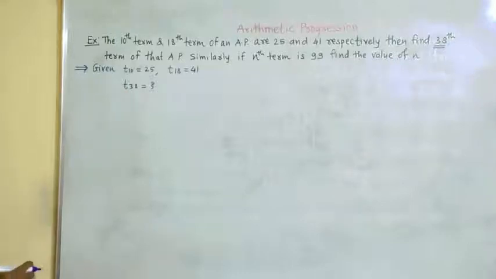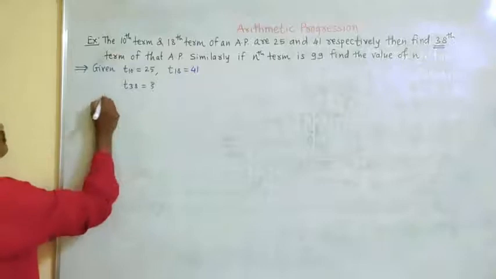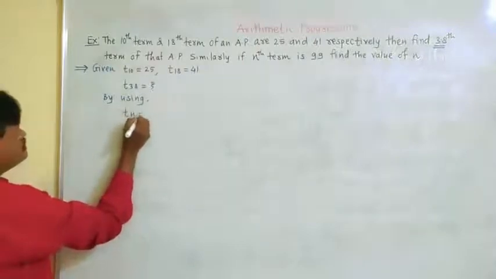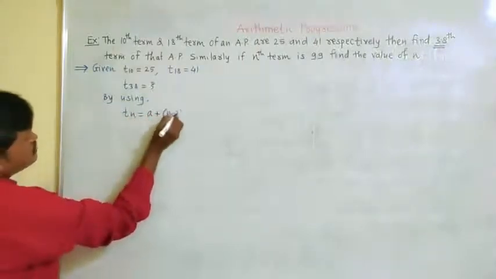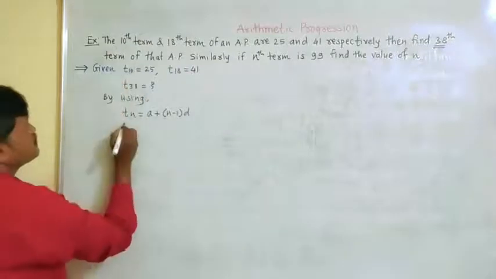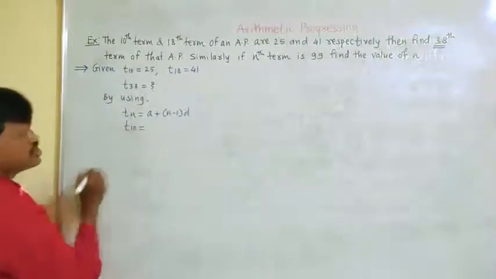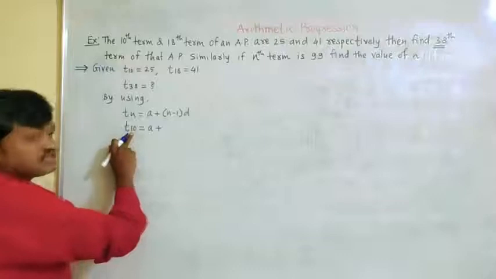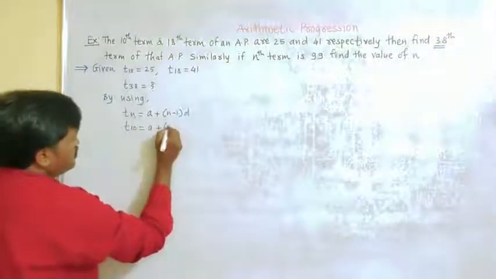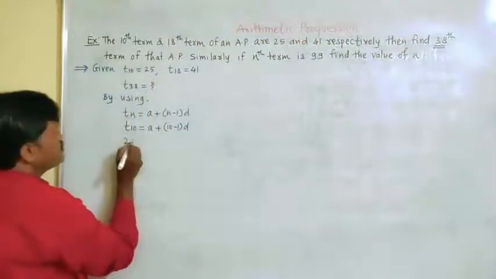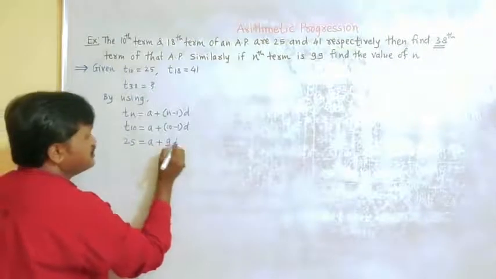So we know the formula Tn is equal to A plus n minus 1 into D. By using this formula, I write T10 is equal to A plus, the value of n is 10, so 10 minus 1 into D. Then T10 is 25, so 25 is equal to A plus 10 minus 1, that is 9D.